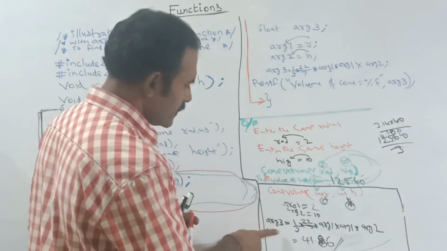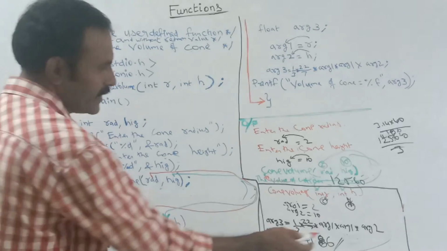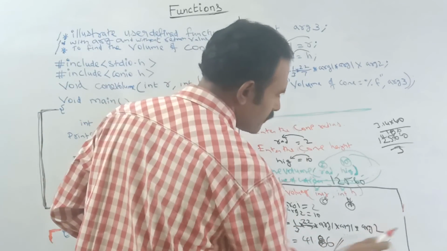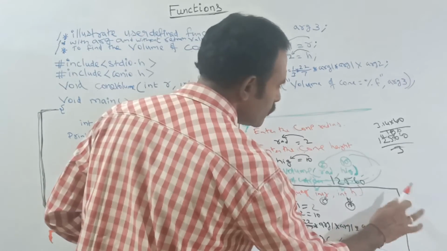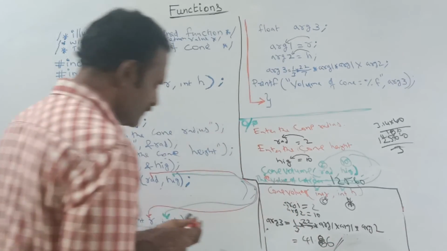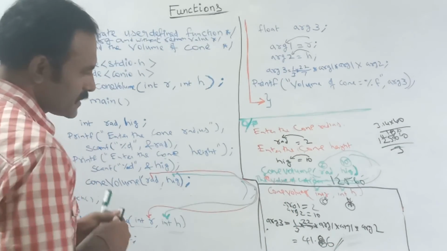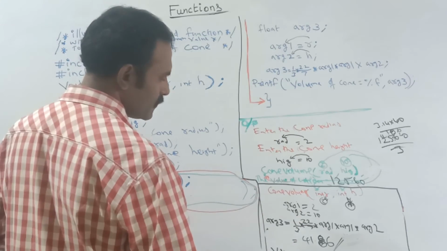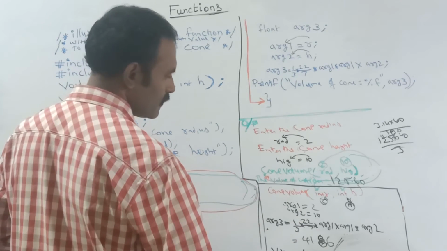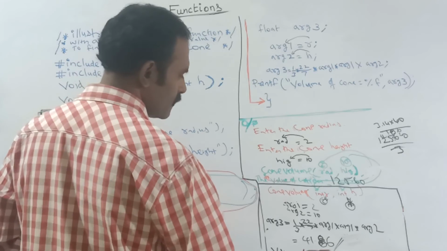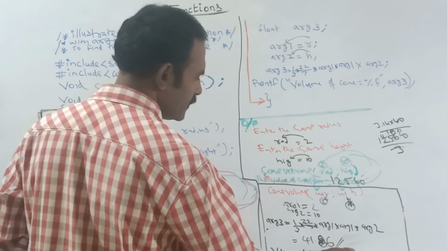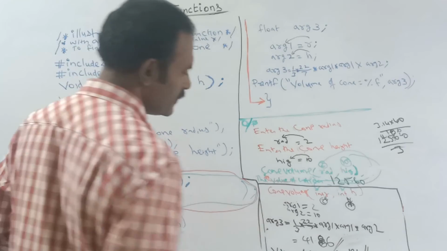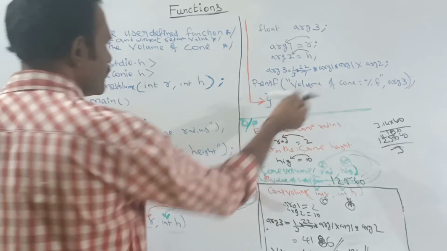After finding the value, I am not going to return any value. So from here itself I am telling to print this result, that is printf, the volume of cone is equal to how much? 41.86. This result will be printed here also in the user defined function.